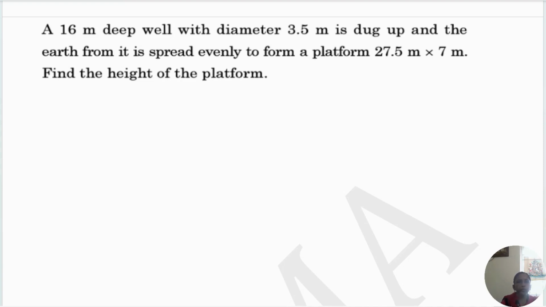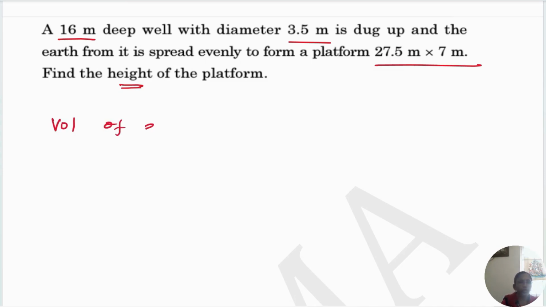Now in this problem, a 16-meter deep well with a diameter of 3.5 is dug up and the earth from it is spread evenly to form a platform of dimension 27.5 cross 7. Find the height of the platform. So now you have to calculate the volume of the earth dug up.